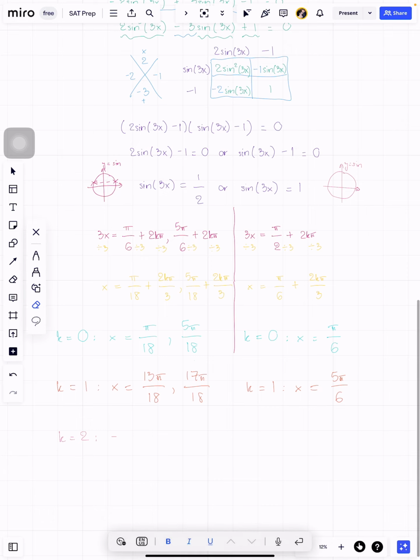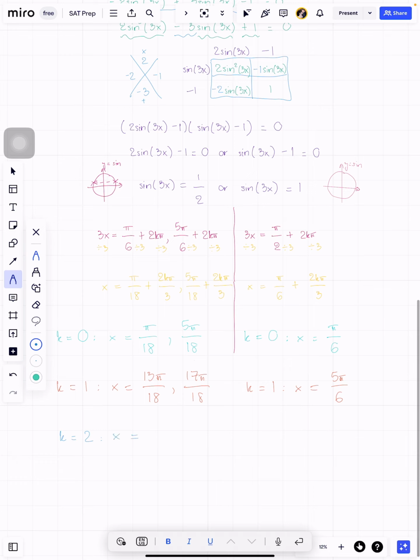I'm going to put it into the calculator. Give me 1 second. Let me clear this. So k equals 2.